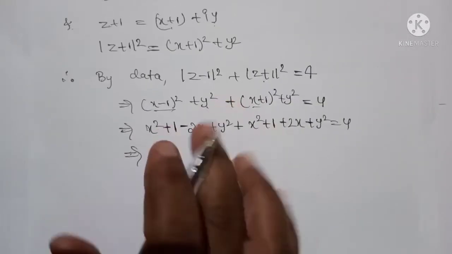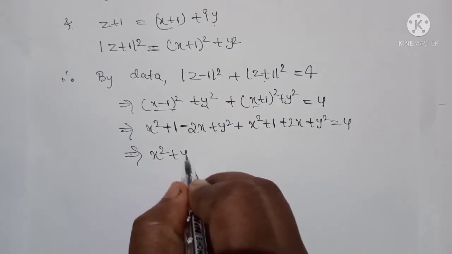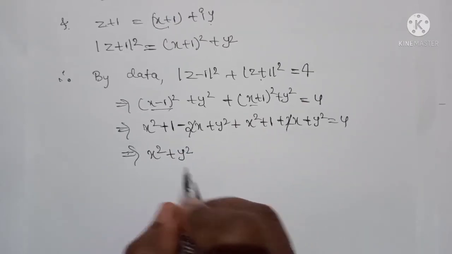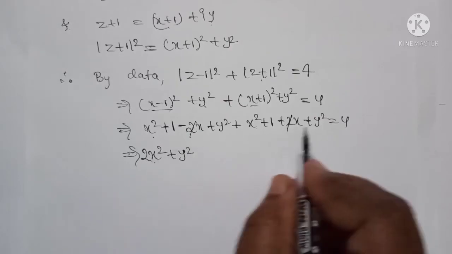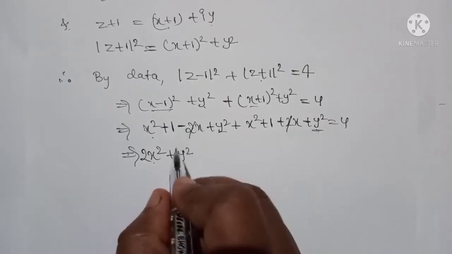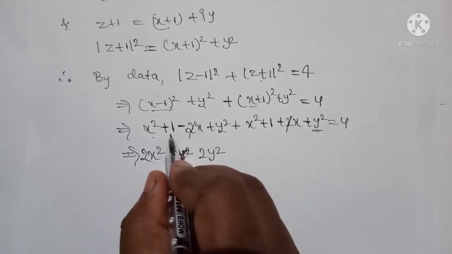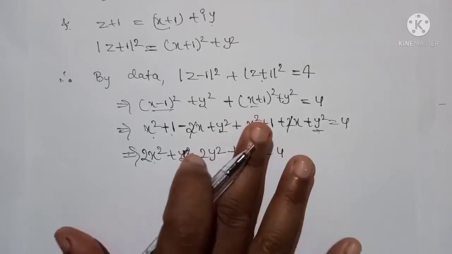Further simplifying, the minus 2x and plus 2x cancel. Sorry, we get 2x square, 2y square, and 1 plus 1 is equal to 2, equals 4.